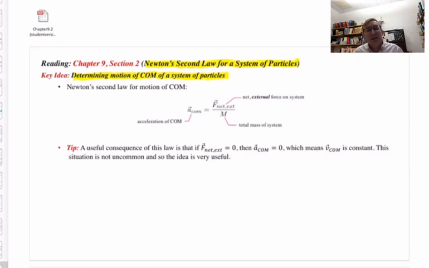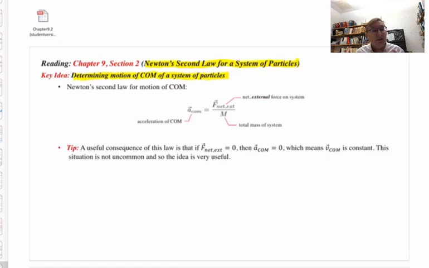Okay, so if the center of mass is probably the most important point on an extended body, then we want to know how that center of mass is going to move. What determines how the center of mass will move? How can we predict the future motion of the center of mass of an extended body? I'm going to state for you the answer without any detailed proof.